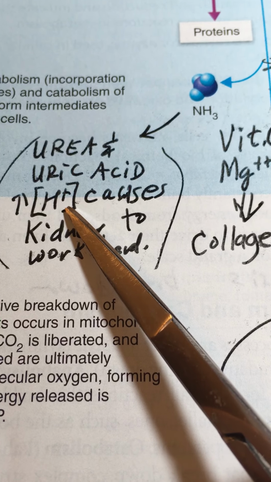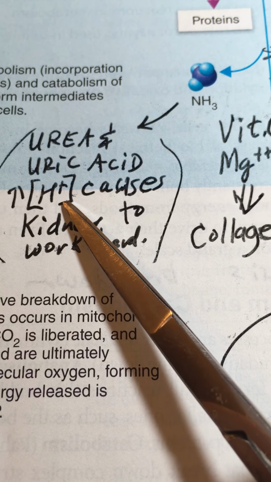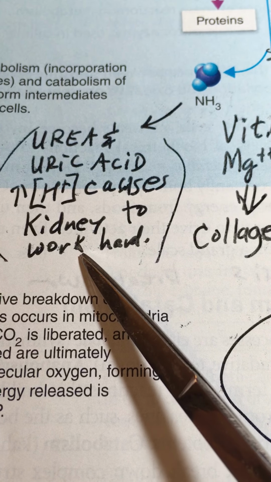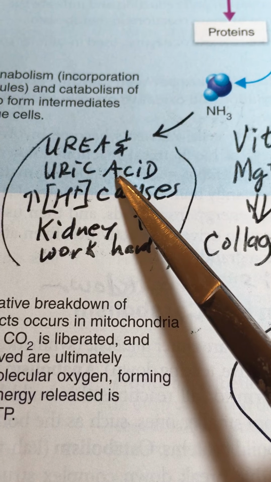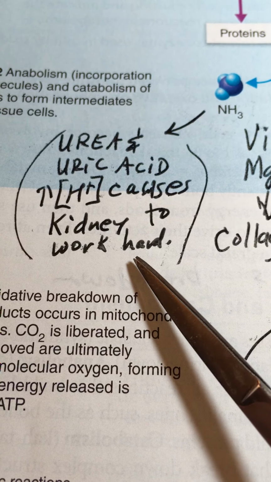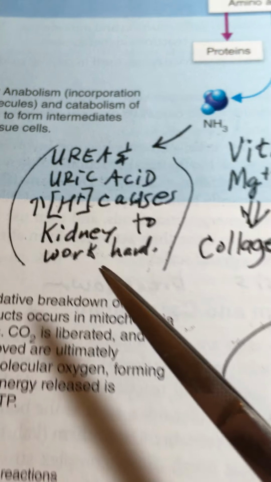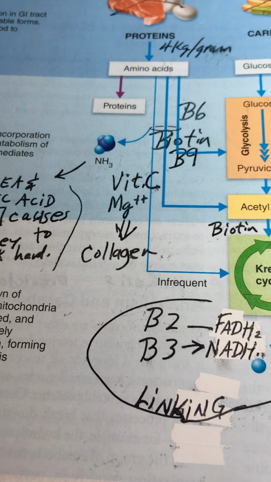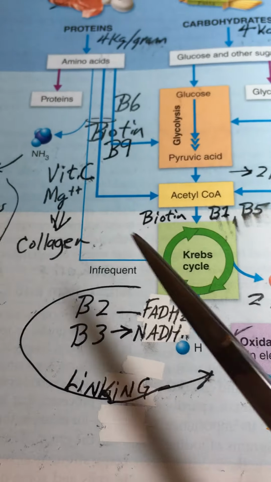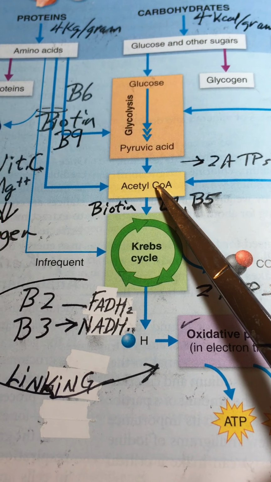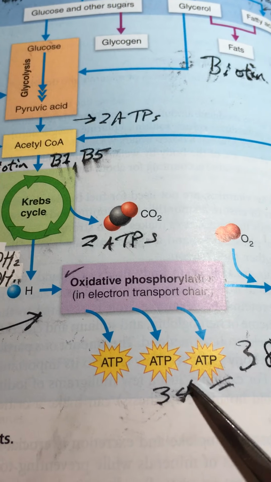I have high concentrations of acid, of hydrogen ion, and that causes the kidney to work really hard to do all this work with the acid. The kidney literally has to pump the acid itself in order to make all of this work. Okay, so that gives us the idea that we can always get to acetyl-CoA from any foodstuff, and ultimately we can get ATP.